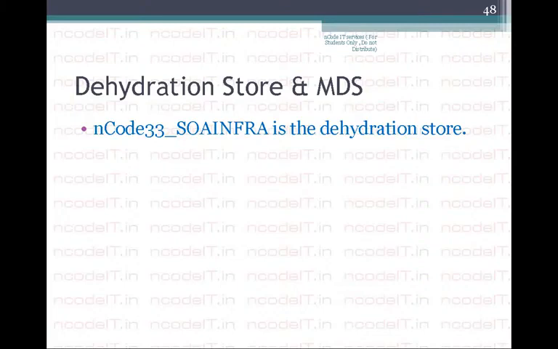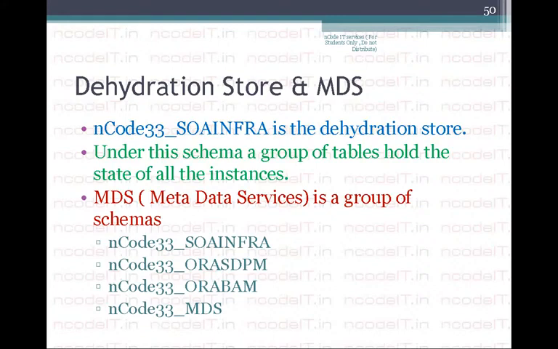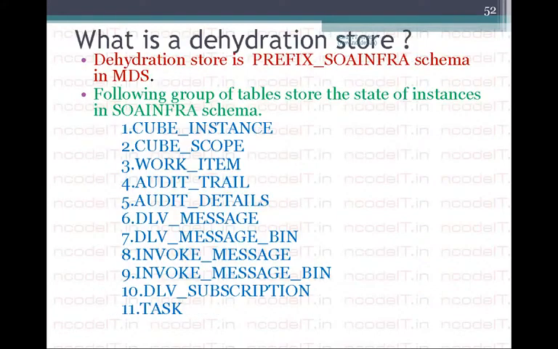Now those tables all belong to one specific schema, SOA infra, with a prefix, and into these tables is where the state gets stored. The list of tables is this.